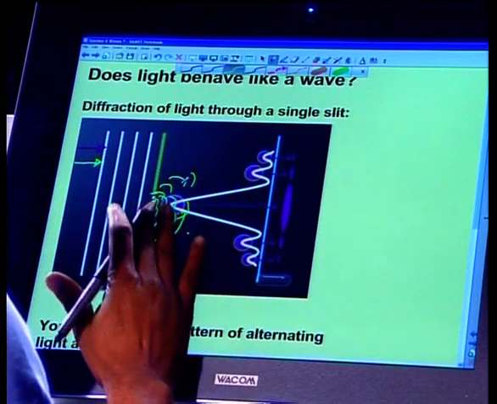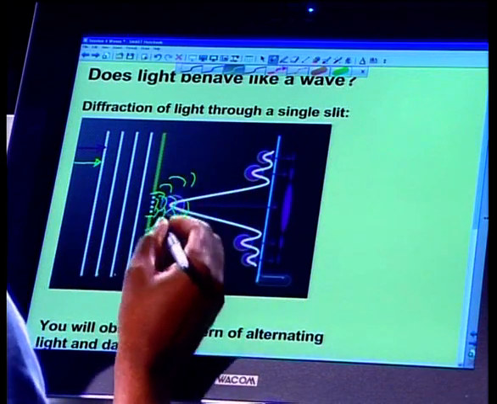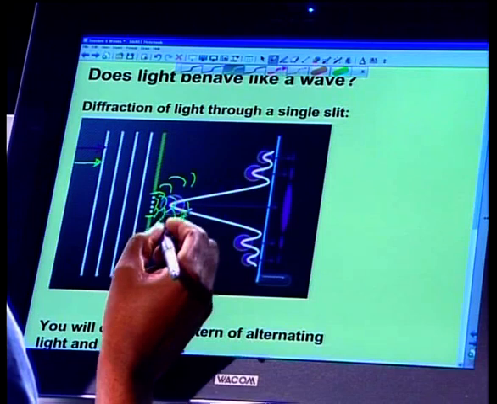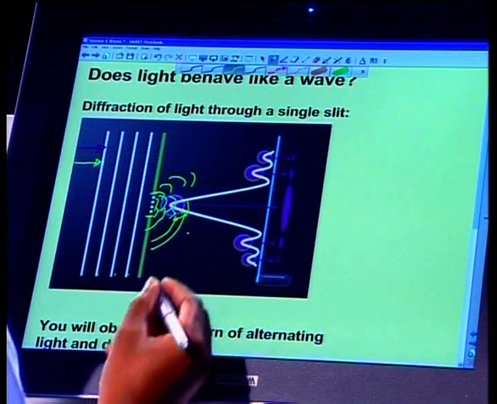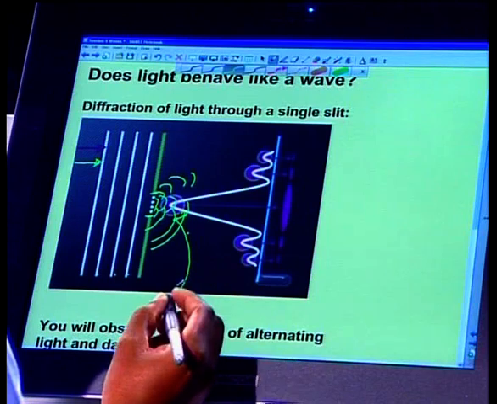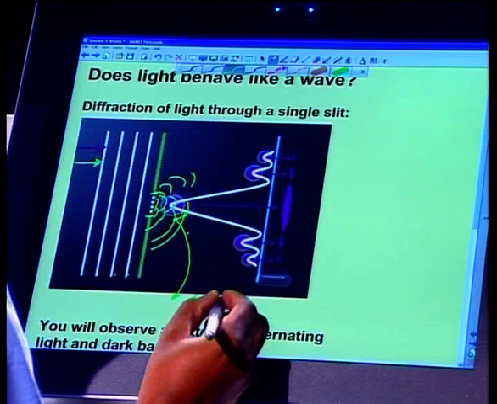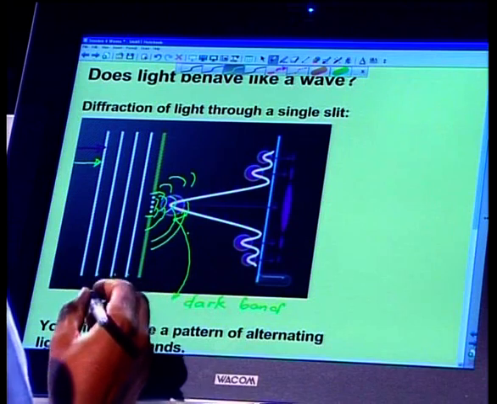But as that happens, these secondary wavelets are going to have points where they interfere constructively and points where they interfere destructively. Where they interfere destructively, if this is light, we expect to see a dark band because that will be destructive interference.